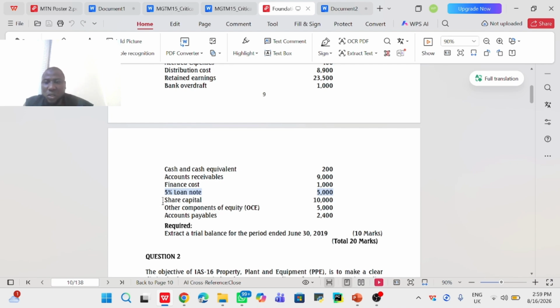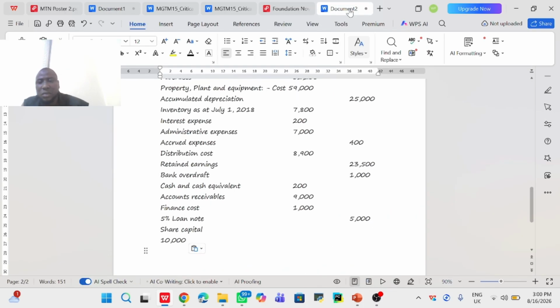If you pay for more than a year, it is long term. Share capital will be on the credit side, because capital is part of the amount of money you use to start a business or to invest in an asset.